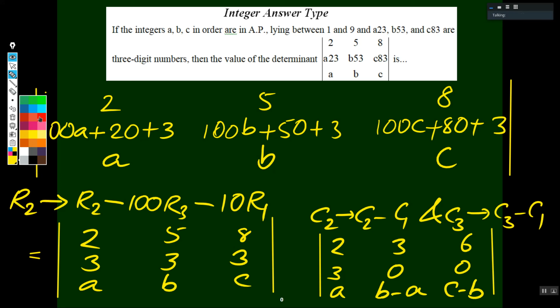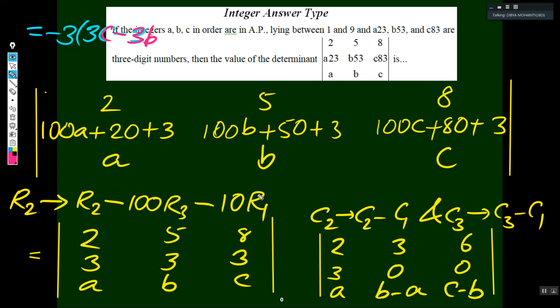Yes, anyone. What is the final determinant now? This is minus 3 into 3C minus 3B. Three C minus 3B. Is there a correction?